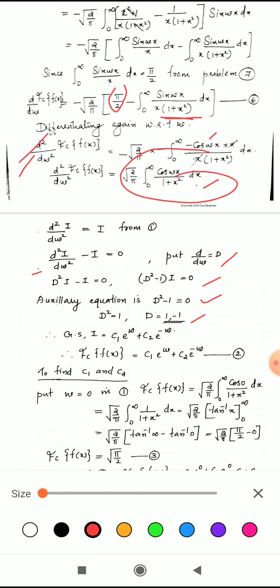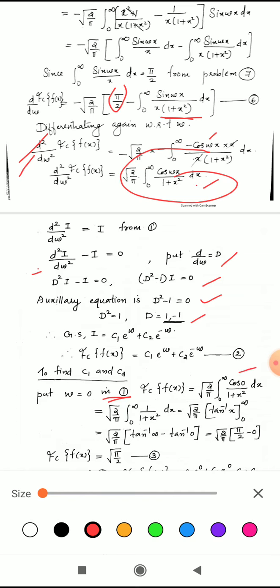Now we have to find the values of c1 and c2. Put omega equal to 0 in equation 1. Equation 1 is the given question: fc of f of x equal to root of 2 by pi integral 0 to infinity cos 0 by 1 plus x square dx.